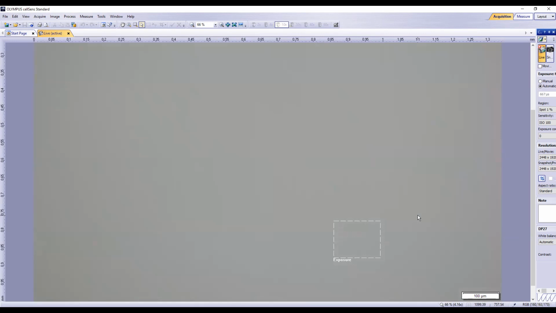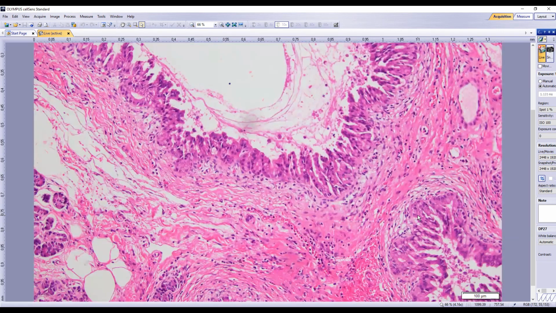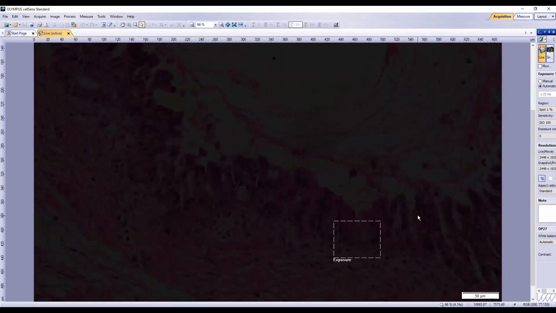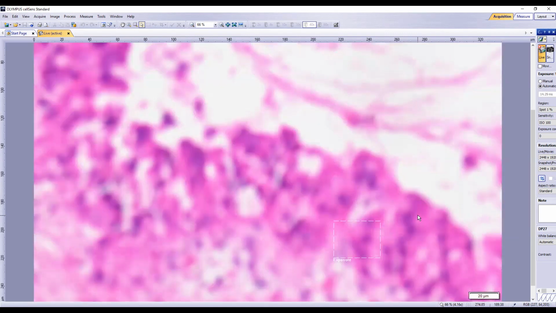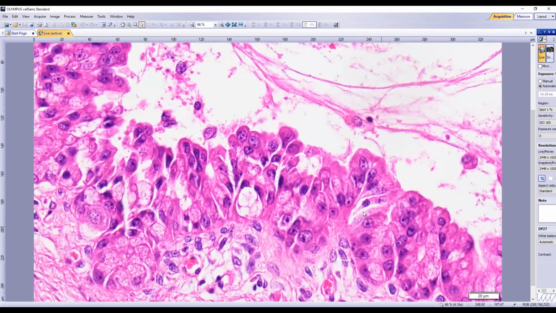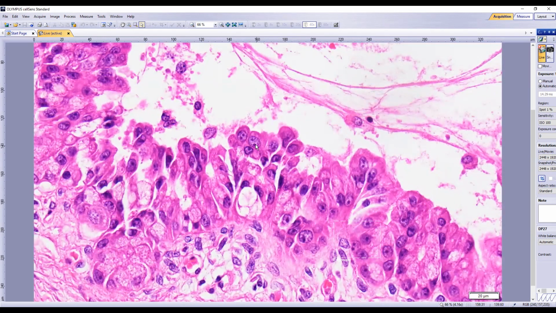But in the pancreatobiliary type, how did the nuclei look? Are they basally located? They're apically located, a lot of them. So there's loss of polarity in the nuclei. They're enlarged, with prominent or variably prominent nucleoli.